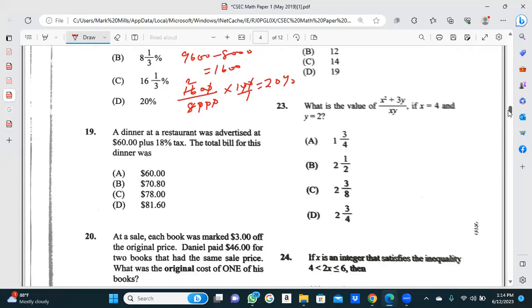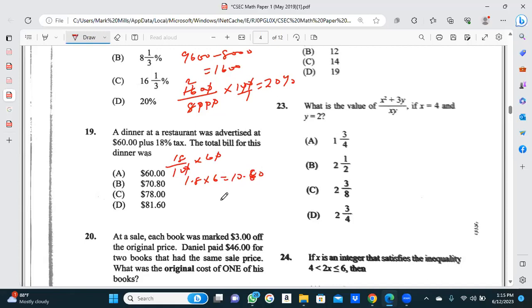Number 19. A dinner at a restaurant was advertised as $60 plus 18% tax. The total bill for this dinner is B. So here you find 18 times 60 over 100, so that gives me 1.8 times 6, which gives $10.80, right?